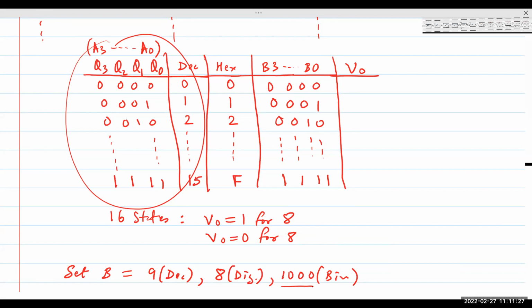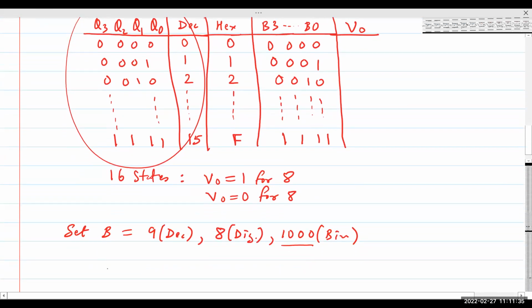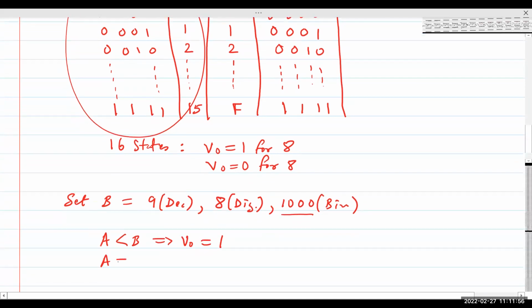So VO is going to go high for all values of A less than B. Once the counter goes to 1, 0, 0, 0, A will equal B, and if A equals B, then VO will go to 0.